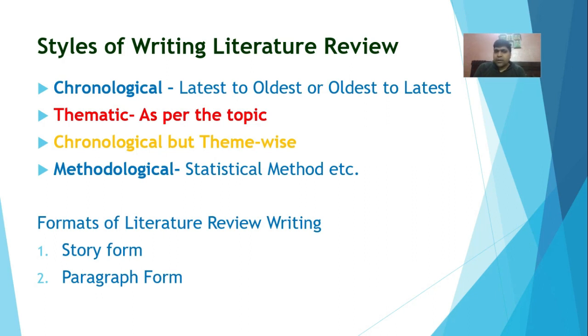The second one, which has been marked in red, is more important; we call it a story format of writing literature. You can leave the upper part, because this is more in depth, more technical. You can go with the formats of literature review writing like story form, paragraph form.